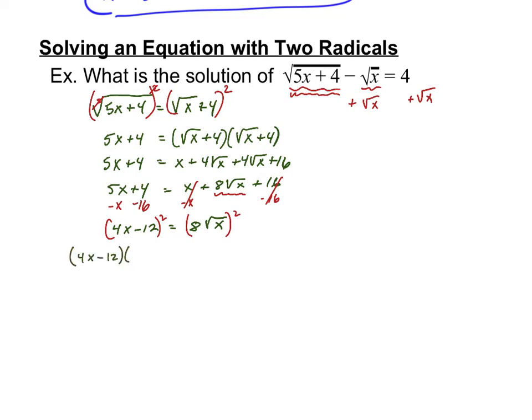This will work out to be 4x minus 12 times 4x minus 12. And this is 64x. Now I'm going to go ahead and combine like terms, but in order to do that, I should probably multiply this out so we can see it a little bit better.